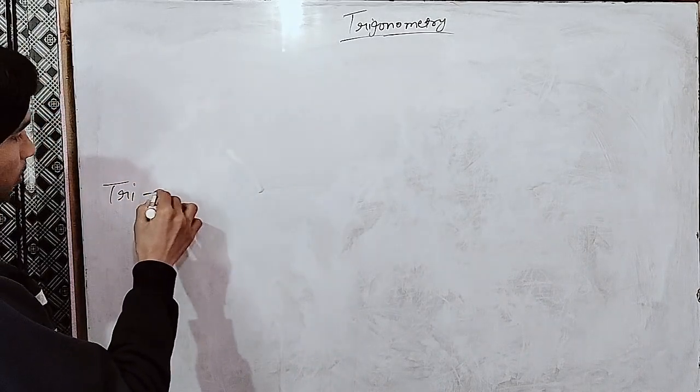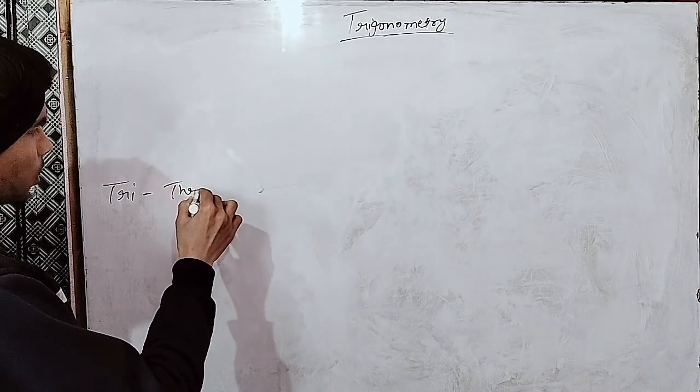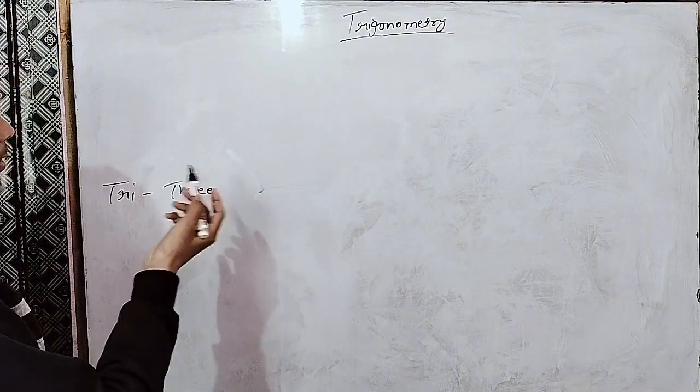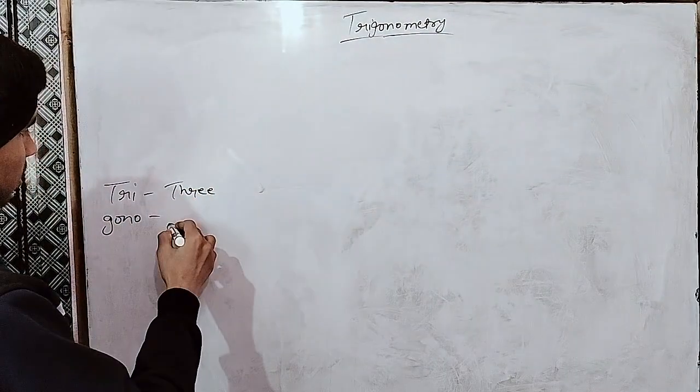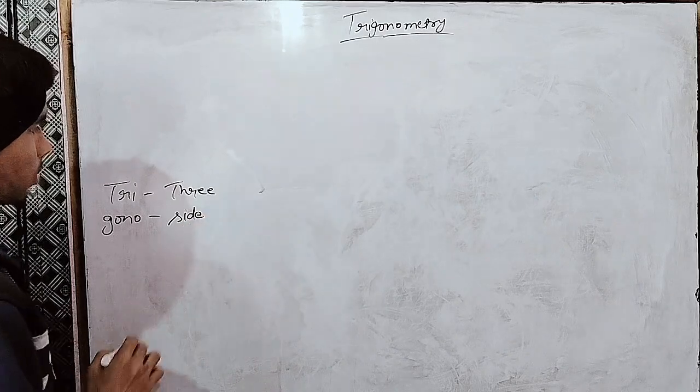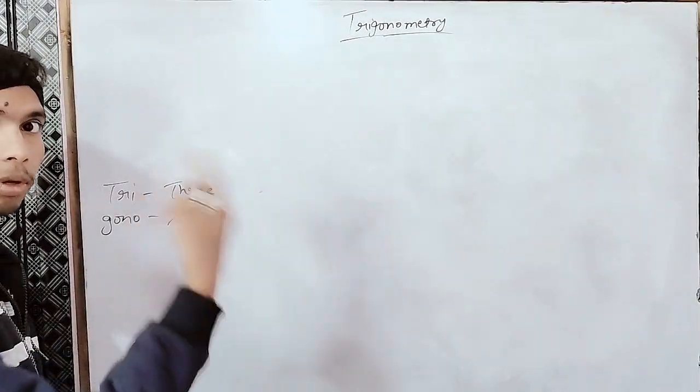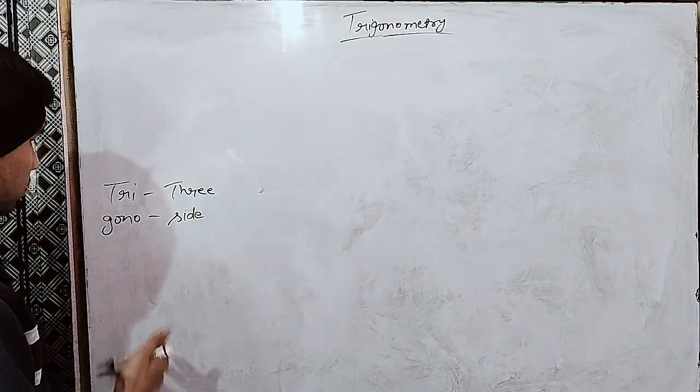Look, "tri" means three, and "gono" you can say means side. So we measure three sides.